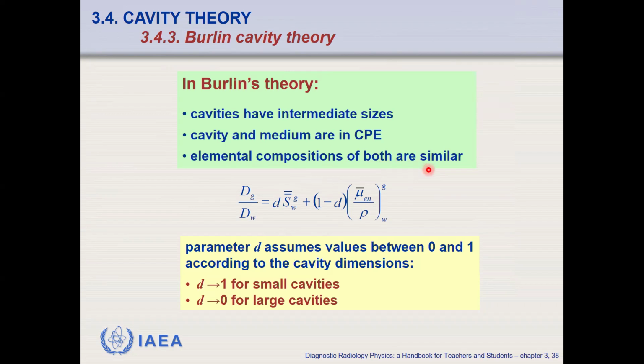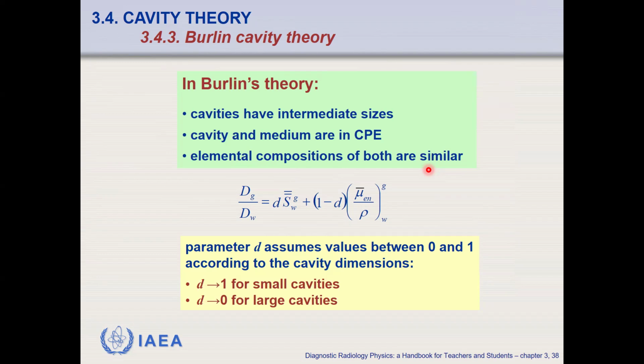Also, the Burlin theory extends the Bragg-Gray cavity theory to cavities of intermediate sizes. In this theory, the relationship between the dose in the cavity and the dose in the surrounding medium takes into account the effects of cavity size on the charged particle equilibrium and the interactions between the cavity and the medium.